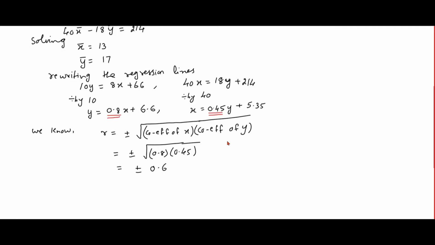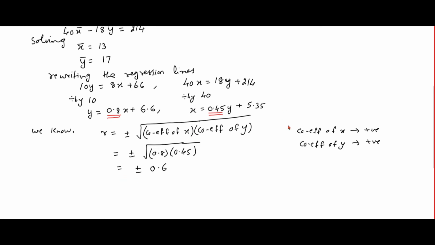But if you observe, whenever the coefficient of x is positive and the coefficient of y is also positive, if both coefficients of x and y are positive, then the value of r has to be taken as positive.